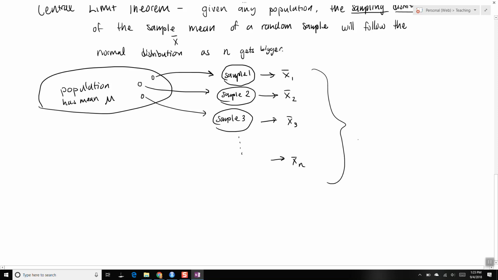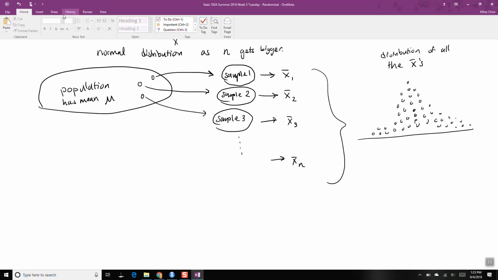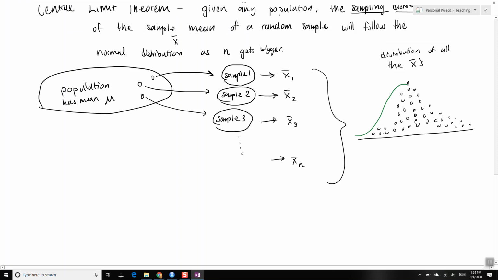If you keep track of all the different x bars that you've observed, this is going to look kind of like the normal distribution.